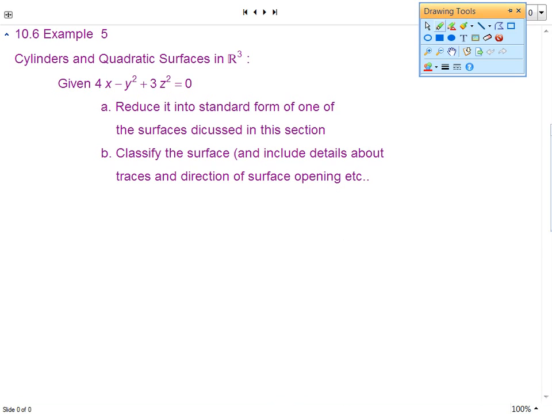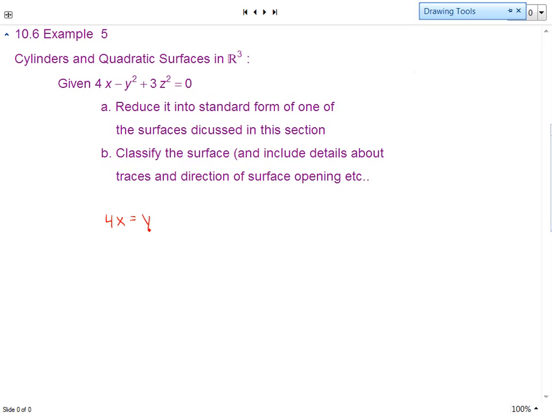So how could I, if I wanted to, rewrite this? 4x equals y squared minus 3z squared. Do we have any of our surfaces that had a variable that was linear on one side, the other two variables on the other side were squared, and there was subtraction between them? Which one is it? Hyperbolic paraboloid.